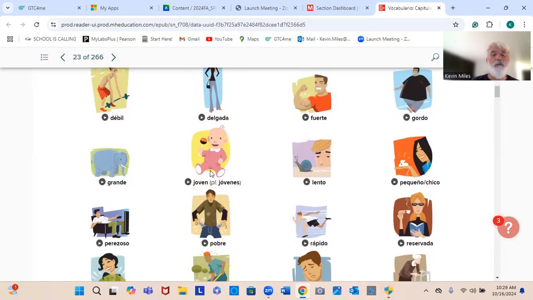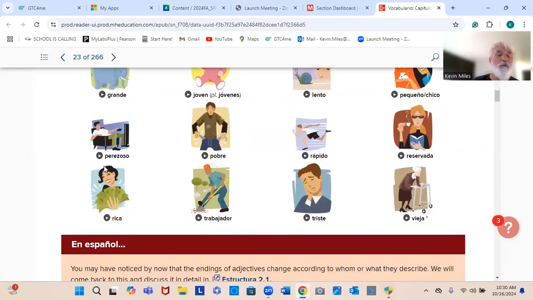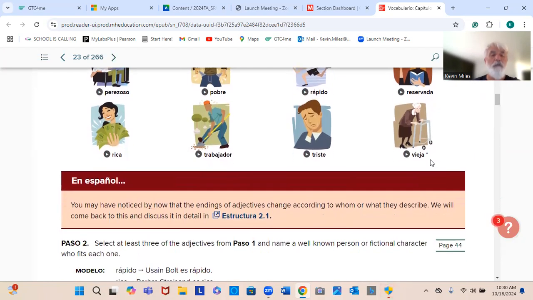Grande is large. Joven, the J is pronounced like an H, is young. All right. Lento, slow. Pequeño, there's that N with the line over it. It's pronounced like an NY. Pequeño, small. Little, chico. Perezoso, lazy. Pobre, poor. Rápido, fast. Reservada, reserved.